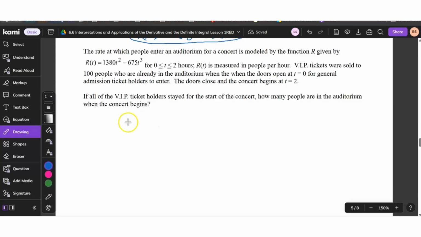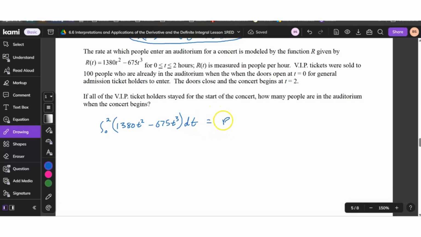If all of them stayed for the start of the concert, how many people are in the auditorium? So we're going to integrate from 0 to 2, as Mariana said. We have 1380t squared minus 675t cubed, with brackets around all that so that I can write dt.